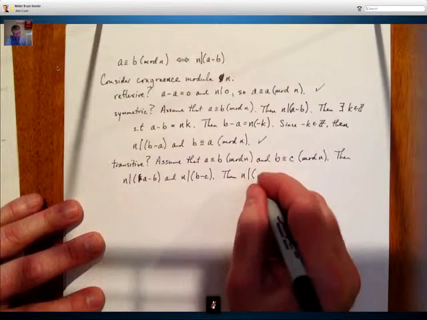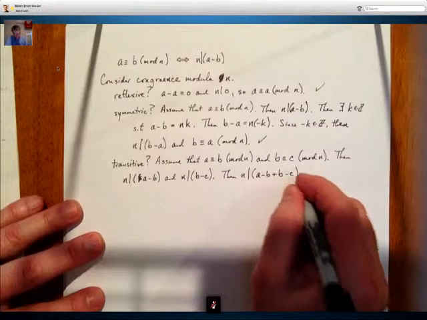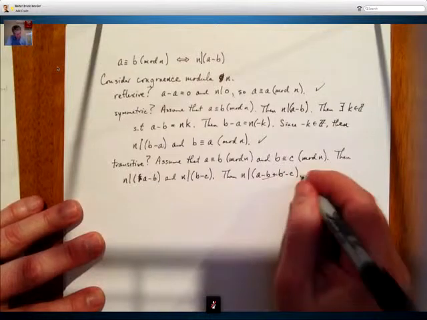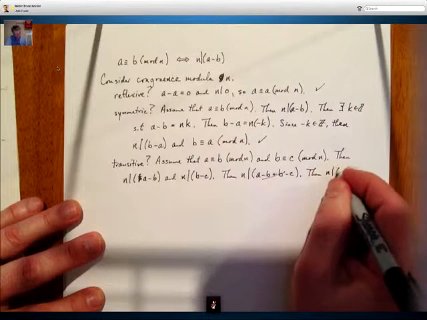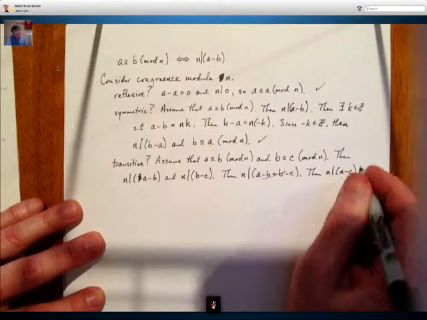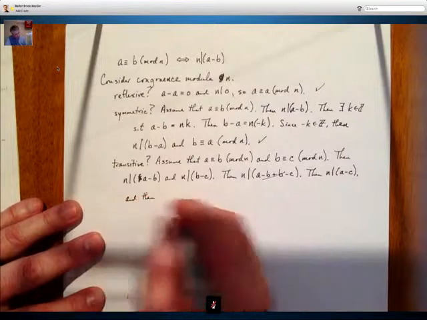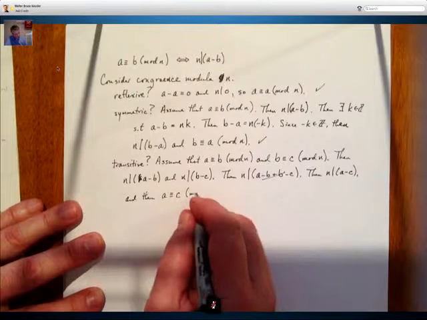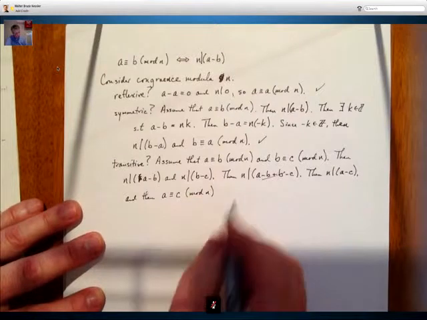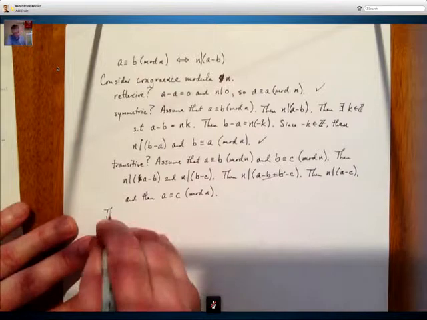Then n divides A minus B plus B minus C. Then n divides A minus C, and I think you see where we're going, and then A is congruent to C mod n. Okay?